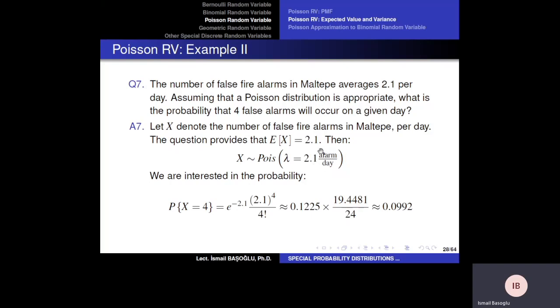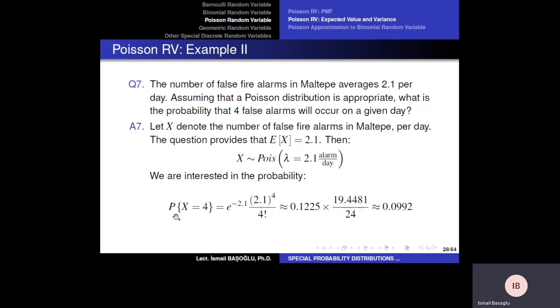So at this point, do not forget to write the unit of this rate parameter. So this rate parameter has a measure of speed, alarm per day. Okay, these things are important. And X is a Poisson random variable where the rate parameter or the mean of X is equal to 2.1. And we are interested in calculating the probability that 4 false alarms will occur on a given day.